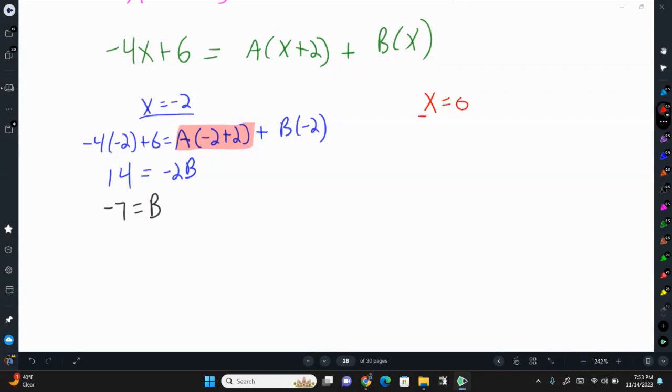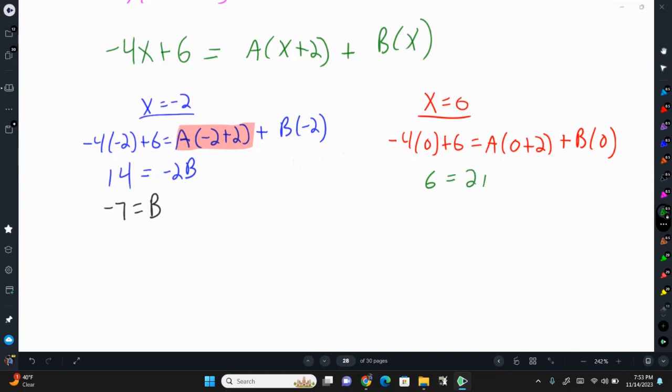So x equals 0, so we get negative 4 times 0 plus 6 equals a times 0 plus 2 plus b times 0. The left side is just going to be 6 equals 2a, and then this part is 0. So 6 is just equal to 2a, so a is equal to 3.